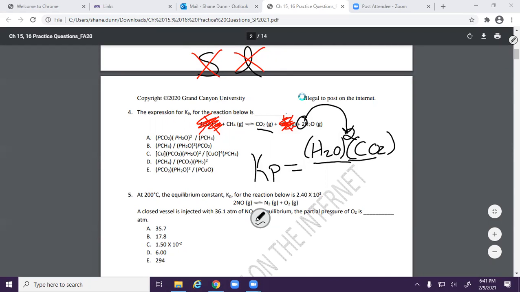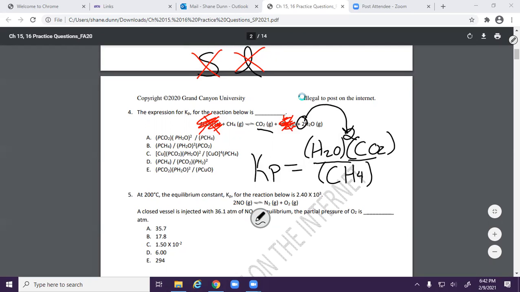CO2. Good. What are my reactants? CH4. Good. So let's look at this. All your answers in here have this p-value. Again, what does p mean? Pressure. Do not get scared by that p-value. That p-value just means pressure. We can ignore that right now.